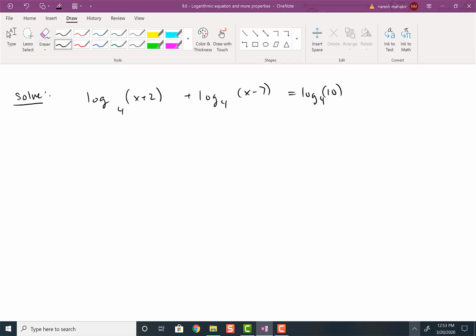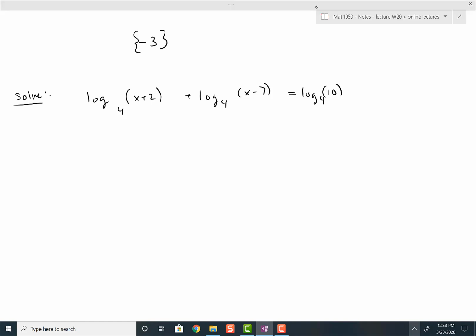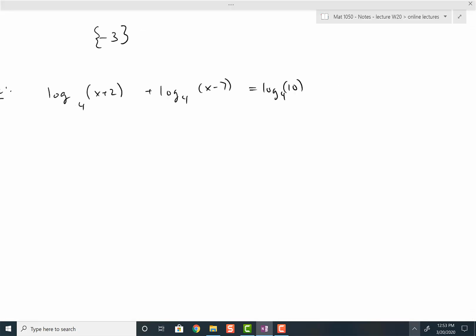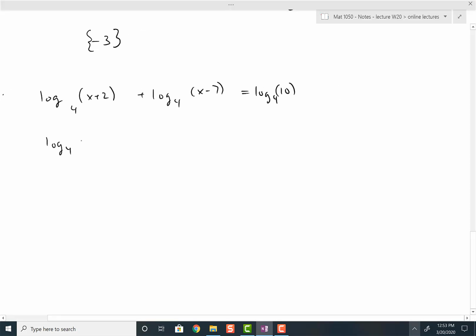All right, so it's all about condensing it down into one property. So here we go. I'm going to push all my logs onto one side. Because again, I want to consolidate them together. I do not want to deal with them on other sides. Now from left to right, I'm going to combine them.